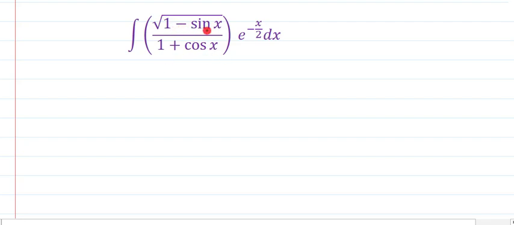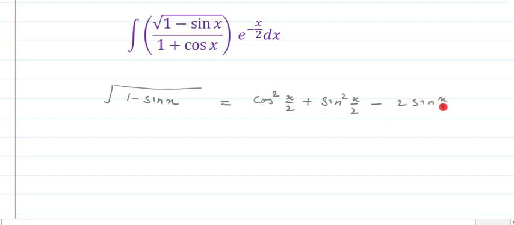What to do? 1 minus sin x under the square root can be written as, first of all let us simplify this by changing 1 into cos square x by 2 plus sin square x by 2, and sin x as 2 sin x by 2 cos x by 2, and the root of it.